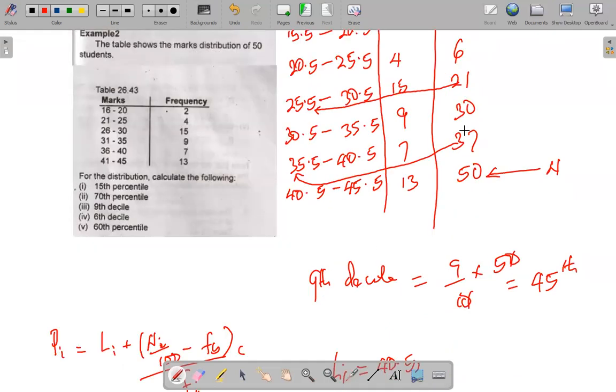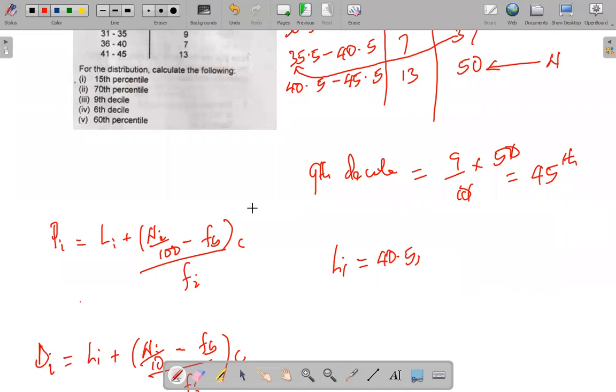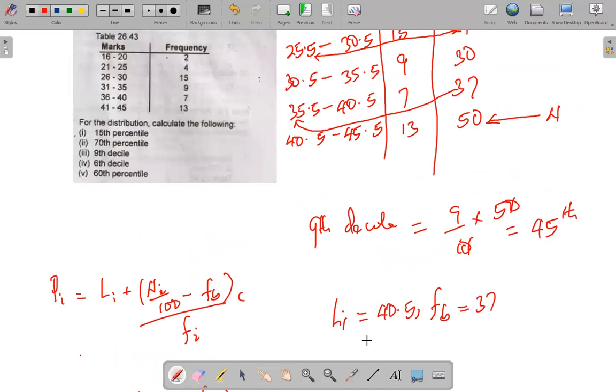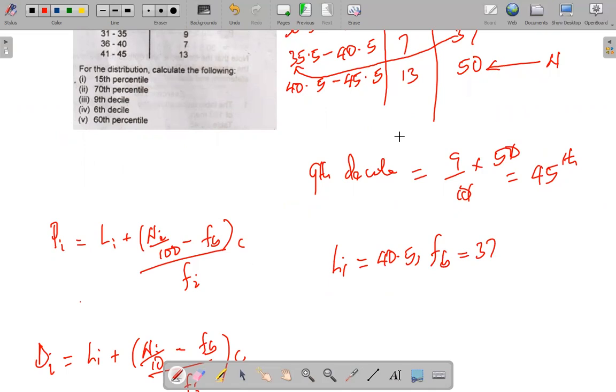What is the cumulative frequency there? 37. Fb is 37. And then Fi is the frequency of the ith decile. Our ith decile lies in this class. The frequency there is 13. So Fi is 13. The class width will still remain C, which is 5. That does not change for a given set of data.